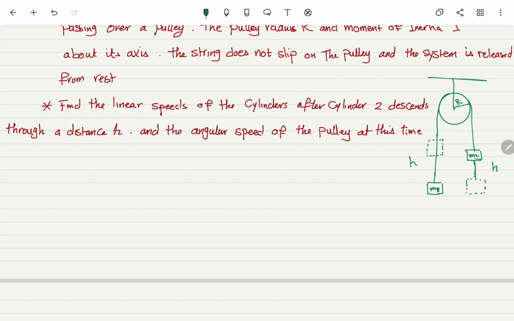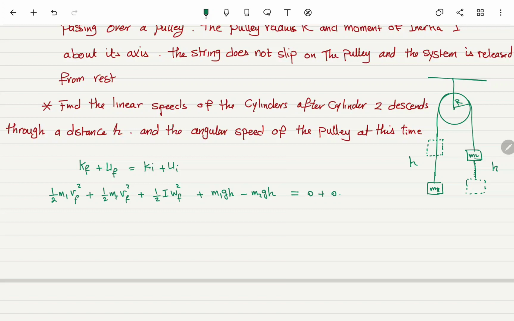Now again, from conservation of mechanical energy, K final plus U final equal to K initial plus U initial: half M1 V final squared plus half M2 V final squared plus half I omega final squared plus, now the potential, M1gh minus M2gh, all equal to 0 plus 0.